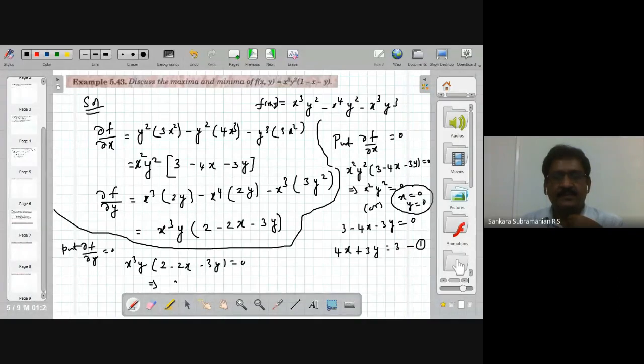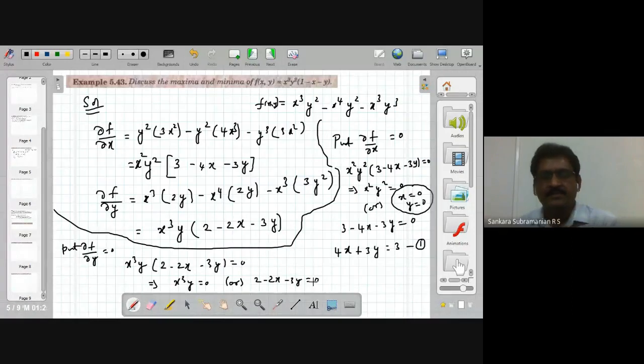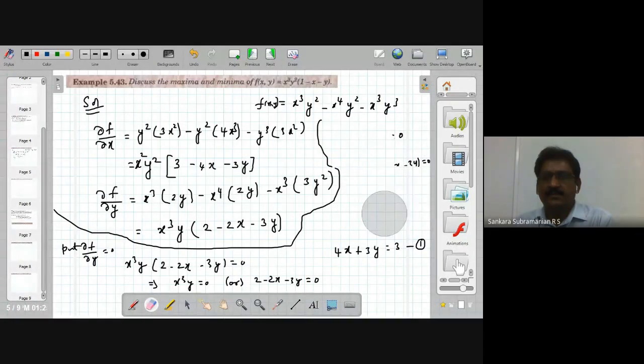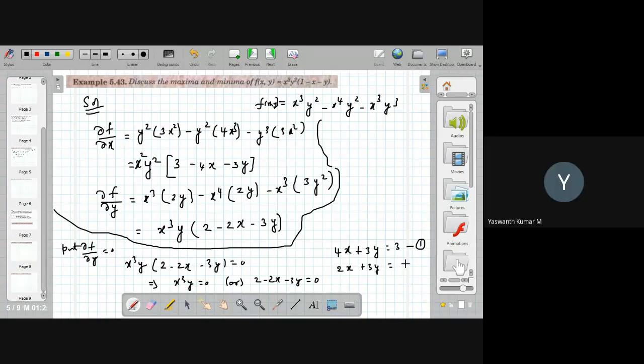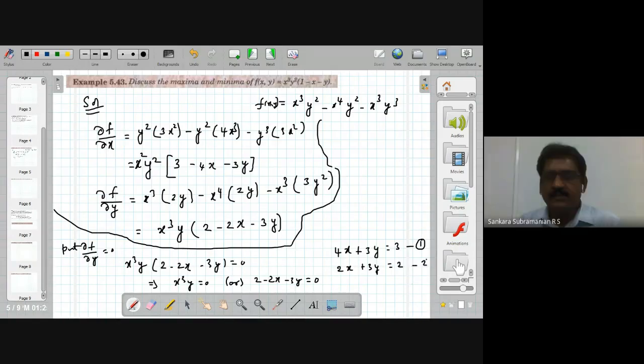This implies either x cube y can be 0 or 2 minus 2x minus 3y can be 0. And therefore, I'll be getting another equation which can be written as 2x plus 3y equal to 2. This is the second equation.